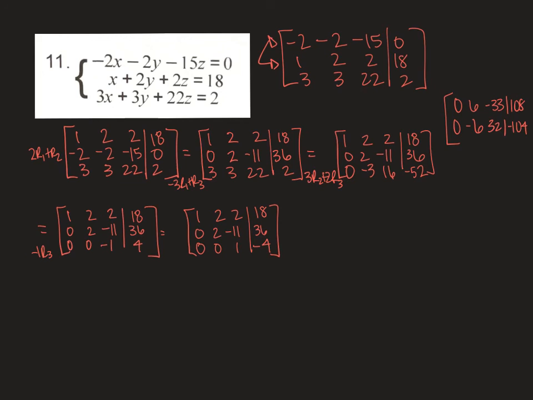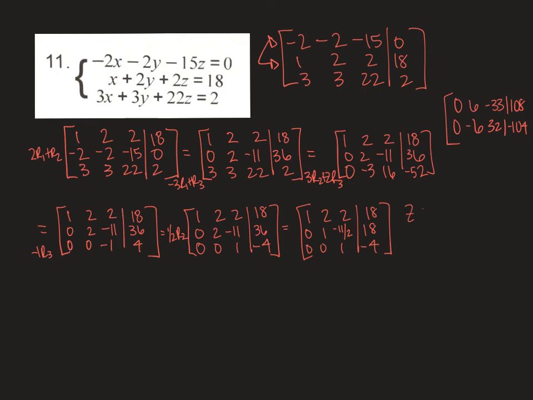And in the second row, I want this 2 to be a 1, so I'm going to multiply by 1/2. And my third row stays the same. So now I'm ready to solve.